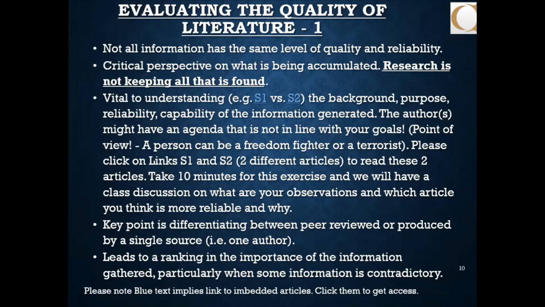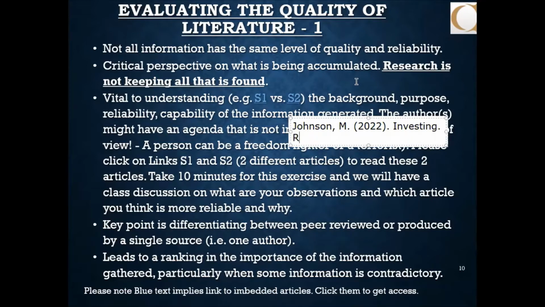So a lot of the time you kind of summarize, like we're doing in APA. So let's say you put the APA citation, let's say Johnson, M., 2022, maybe something like investing, MJ Industries, and then retrieved from the site.